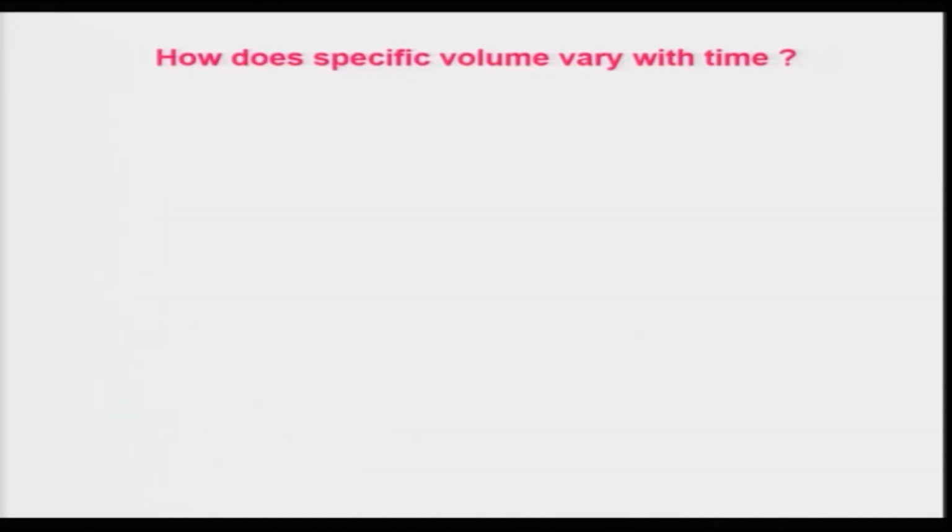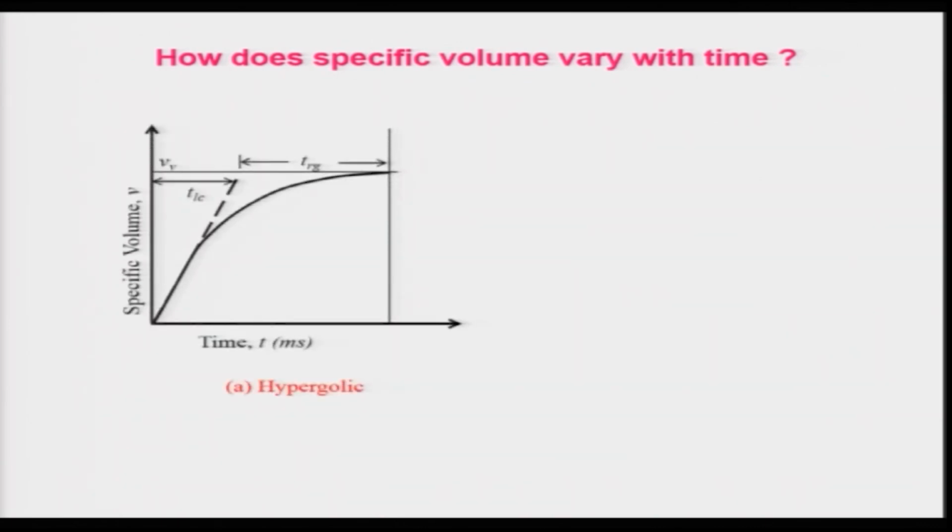Therefore, let us look at how the specific volume varies with time, first for hypergolic propellant. This is the curve being shown here, a little qualitative in nature: specific volume versus time in milliseconds.